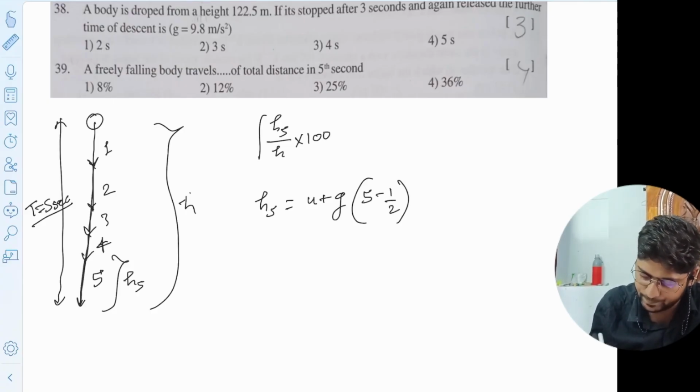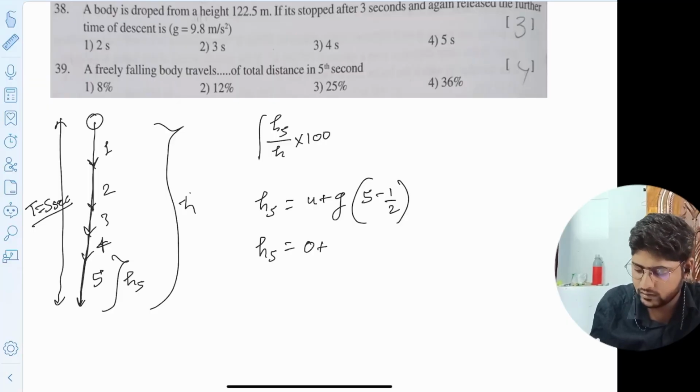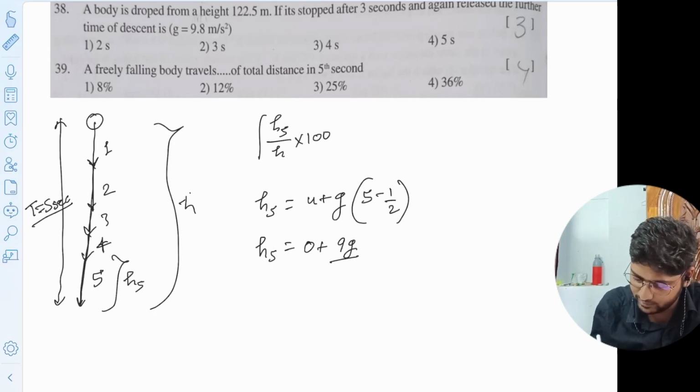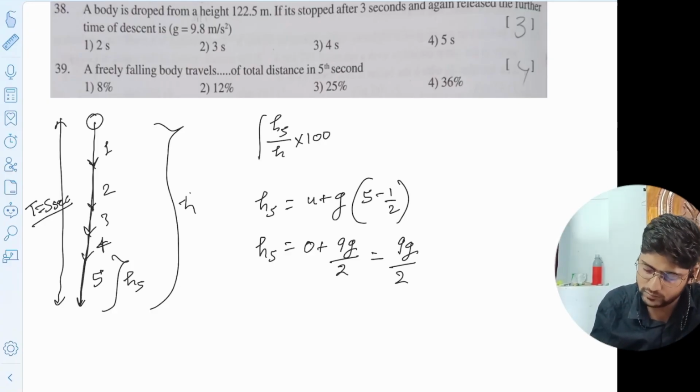So h5 will be equals to 0, u is 0, plus g into (5 into 2, 10, minus 1, that is 9) by 2, so 9g by 2. H5 we got 9g by 2.